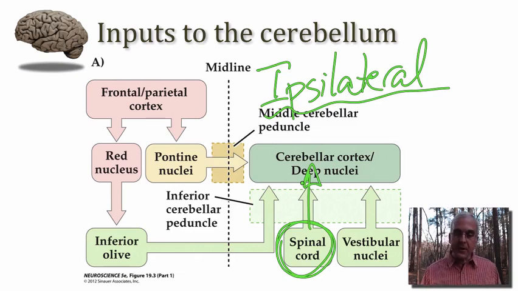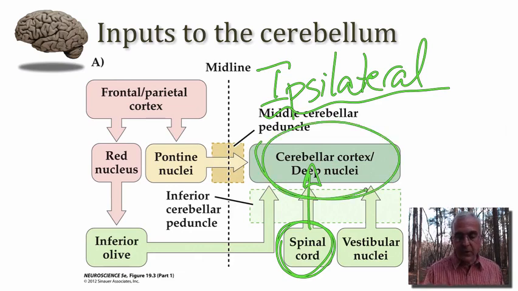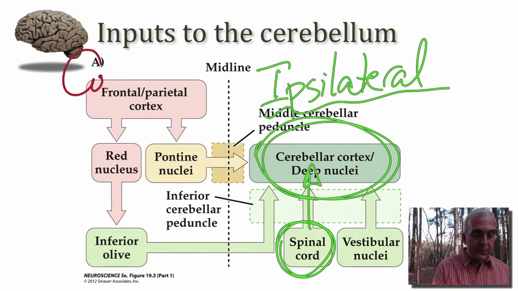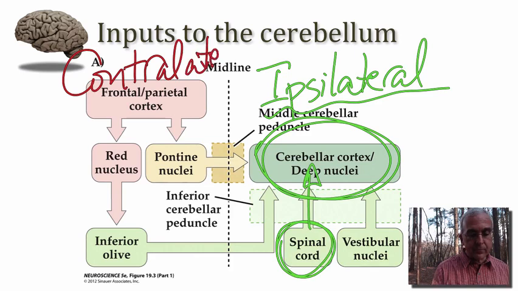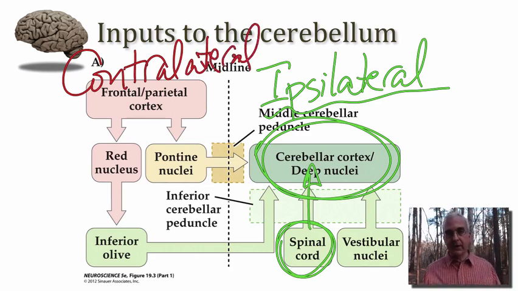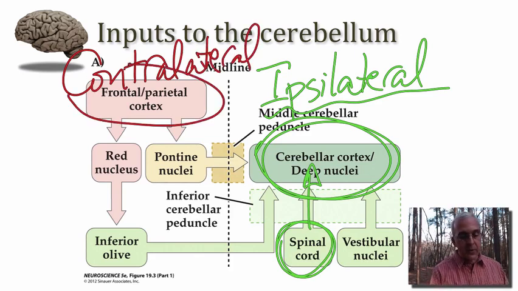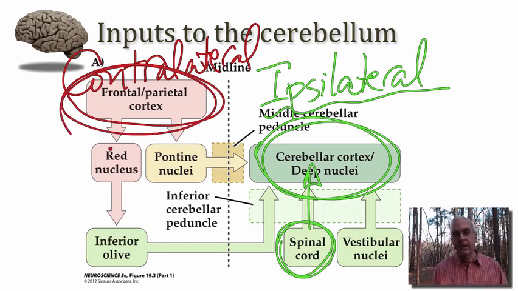But this principle of ipsilateral representation in the cerebellum creates a bit of a problem, does it not? Because you now understand that when it comes to the cerebral hemispheres, the principle is contralateral representation. So this means that one side of the body is going to be represented in the opposite cerebral hemisphere, but in the same-sided cerebellar hemisphere.